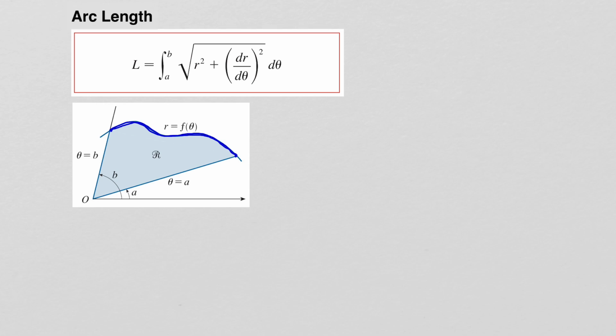So we know that r is equal to f of theta, but we also know that we can write the parameterization for this function by simply using x equals r cosine of theta and y equals r sine of theta. But if r is equal to f of theta, we can replace r here with f of theta, and we can replace r here with f of theta.